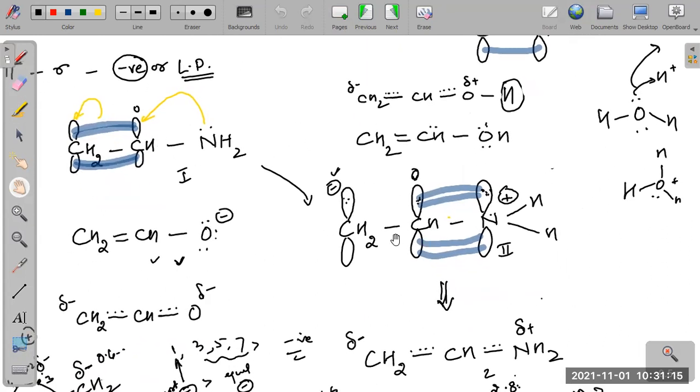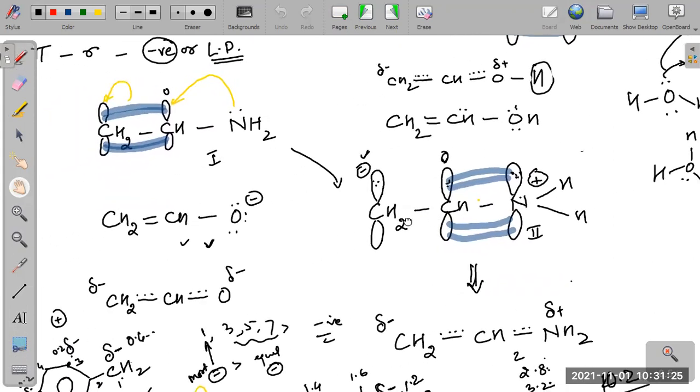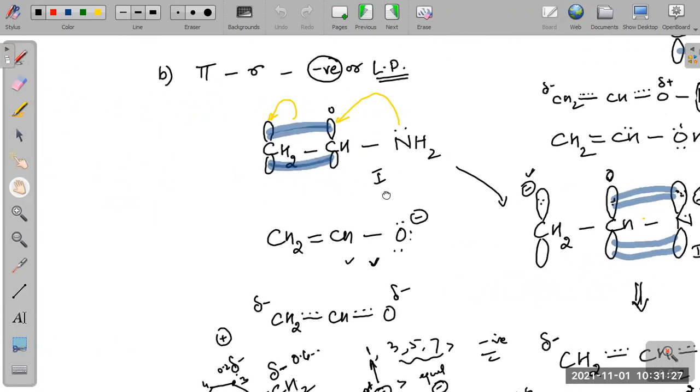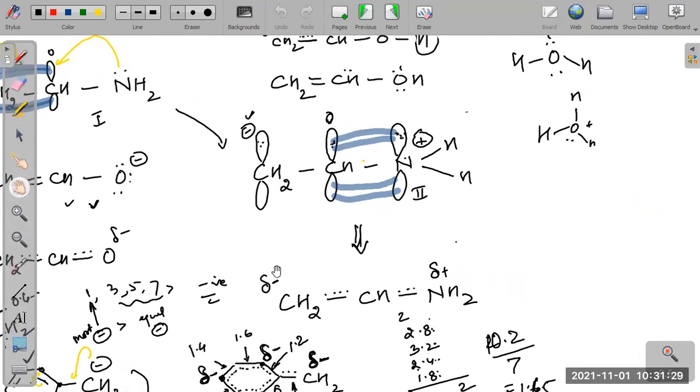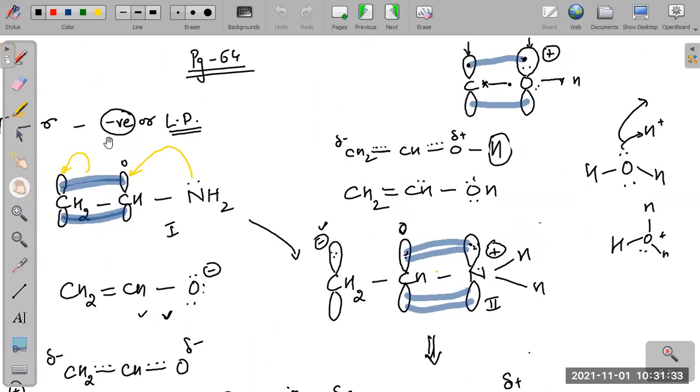So this will be our pattern for these two: one resonating structure, the other resonating structure, the canonical or resonating structures, and then we will have a hybrid structure which could be given like this. Or I can plot it in a better way.